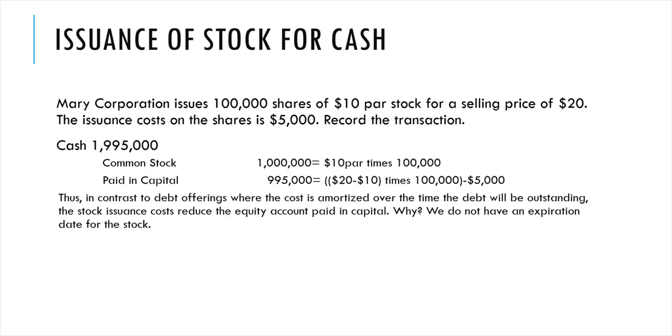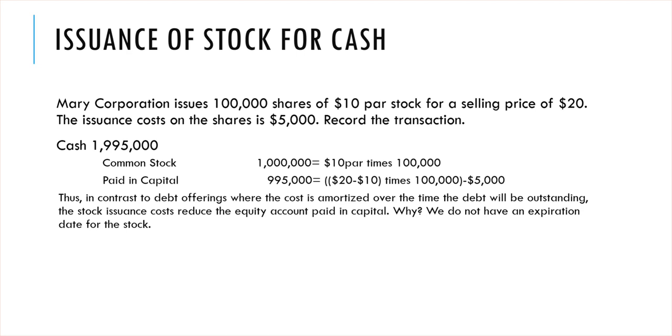Mary Corporation issued 100,000 shares of $10 par at a selling price of $20 and had issuance costs of $5,000. How do you record this transaction? One of the first things you need to do is figure out the net cash that's going to come in. It's 20 times 100,000, which would be 2 million.